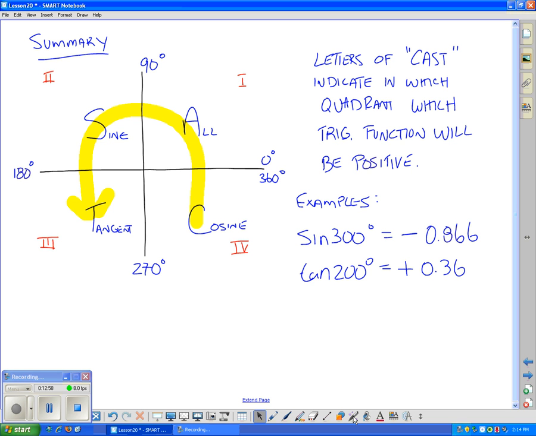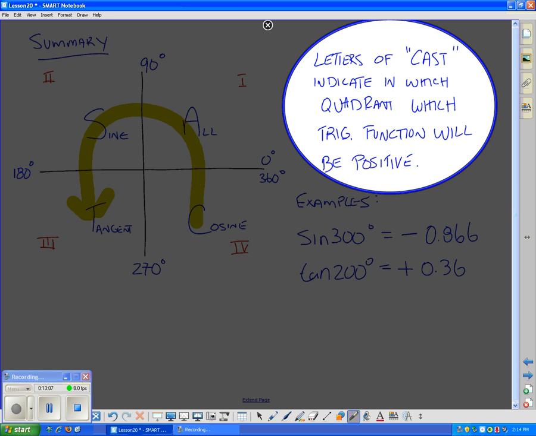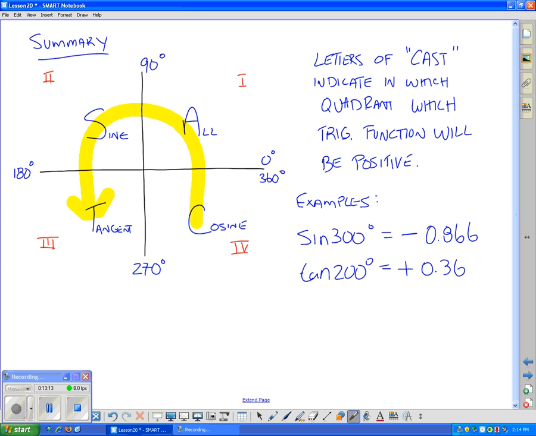That's all the CAST rule is telling us. This is the whole point of the CAST rule. The letters of CAST just tell you in which quadrant the trig functions are positive. And you can play with this all you want. You are going to find that it follows that rule.